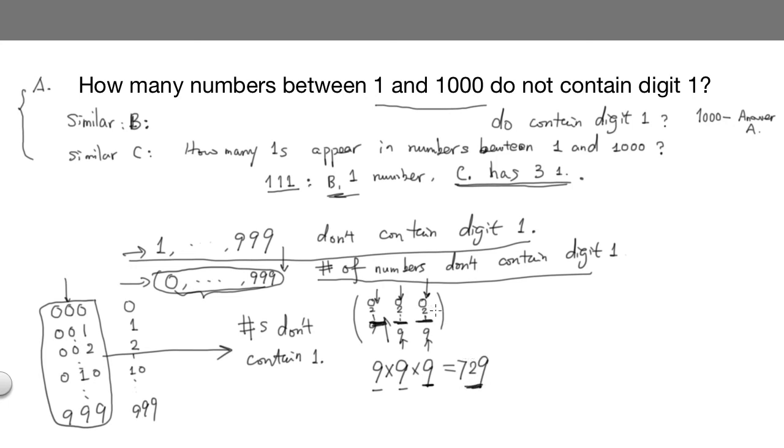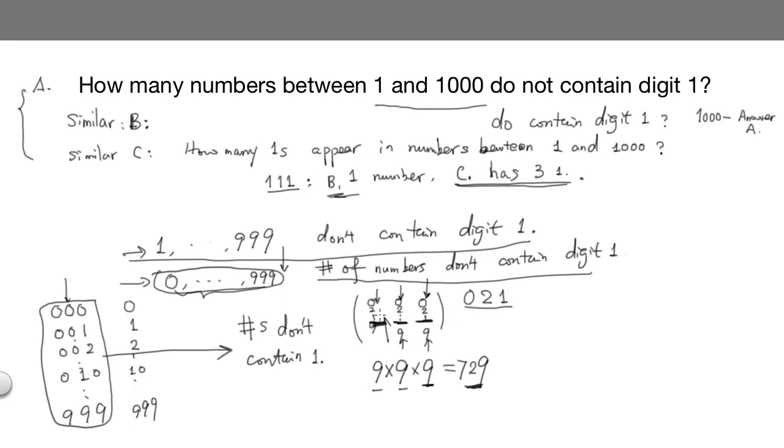Here, I'm really counting each combination of those digits. Let's say the 100s digit choice is 0, the 10s digit is 2, and the 1s digit is 1; you get 021.